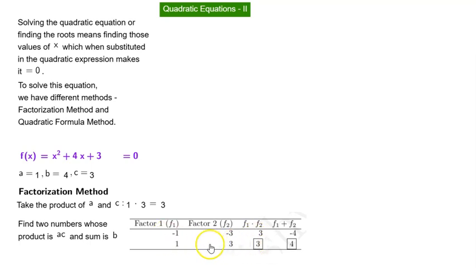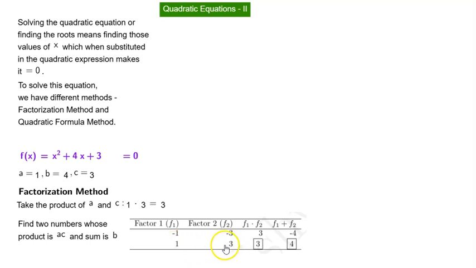I've chosen only 2 just to show. So when we take minus 1 times minus 3, we get 3. When we add minus 1 minus 3, we get minus 4. So the product is 3, but the sum is not 4, it is minus 4. So we do not accept this.